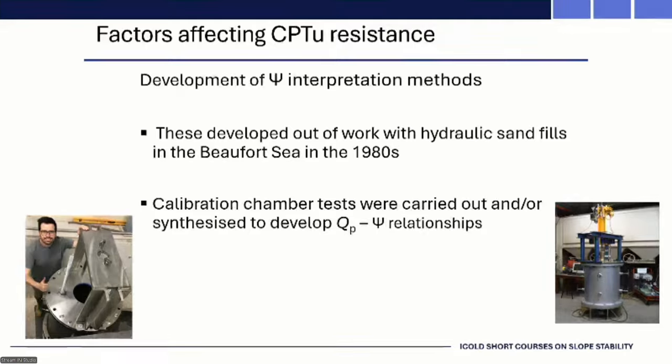They make cones that are 6 millimeter and 10 millimeter diameter, with friction sleeve and pore pressure for the larger cone. So we were able to do very similar tests, but in a much smaller apparatus, 150, maybe 200 millimeters in diameter. Juan was able to churn through probably 40 or 50 tests using this modified chamber.